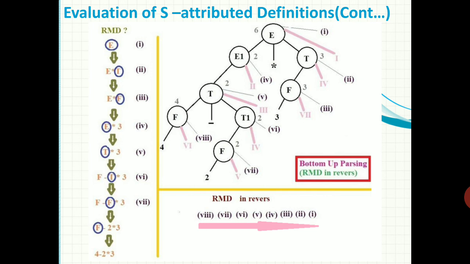In the previous L attributed definition also, we will get 6 as the answer, because the given grammar is S attributed grammar. So all S attributed grammars are L attributed grammars. So we will get the same answer in both cases.